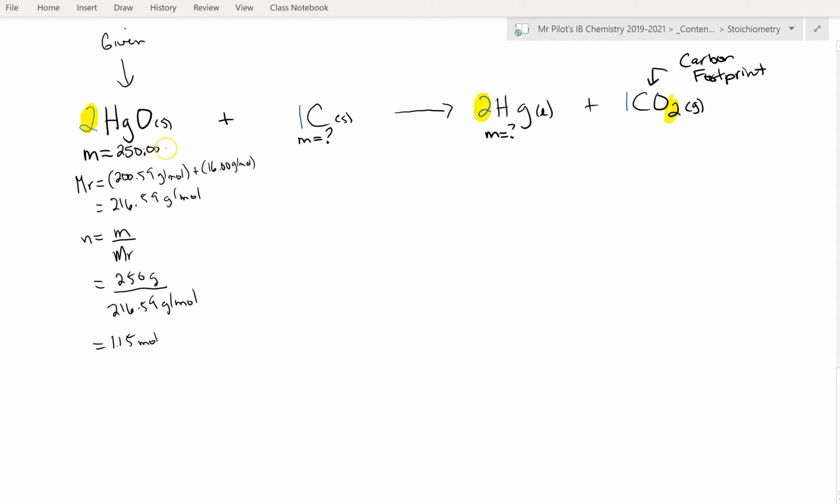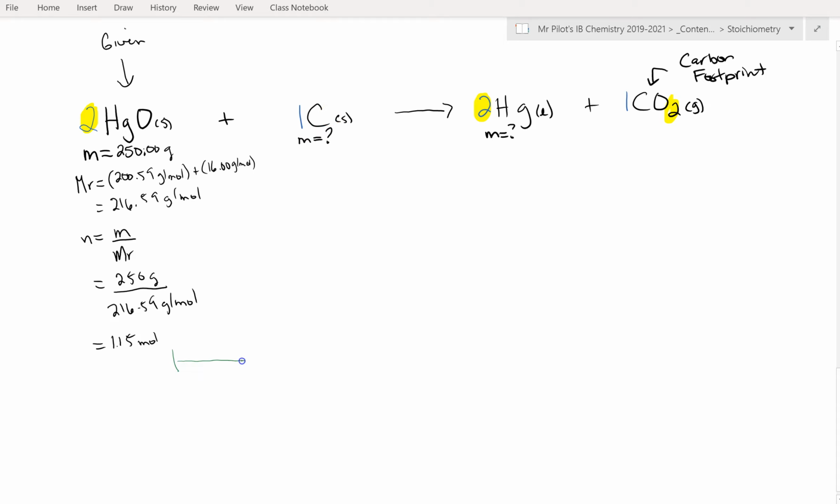We'll just say that we measured that to the nearest hundredth of a gram, and that way I can maintain my 2 decimal places in my answer here for moles.